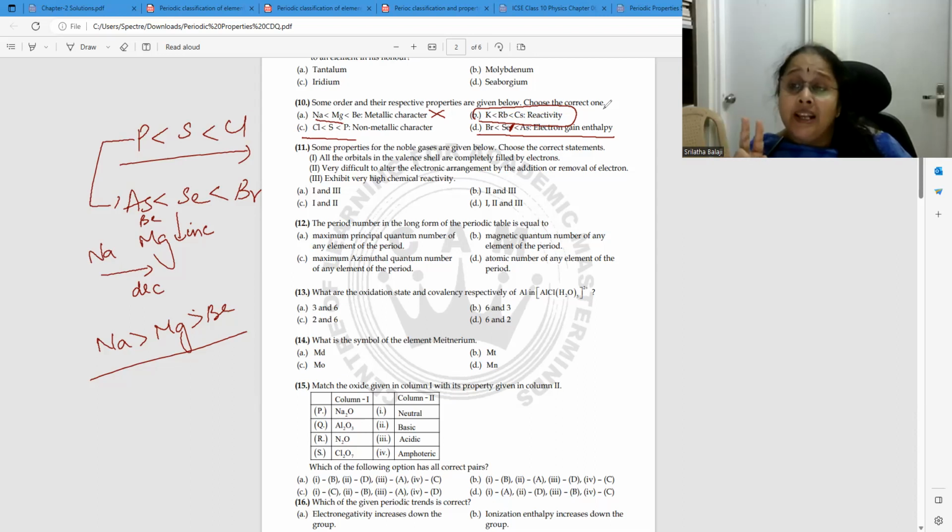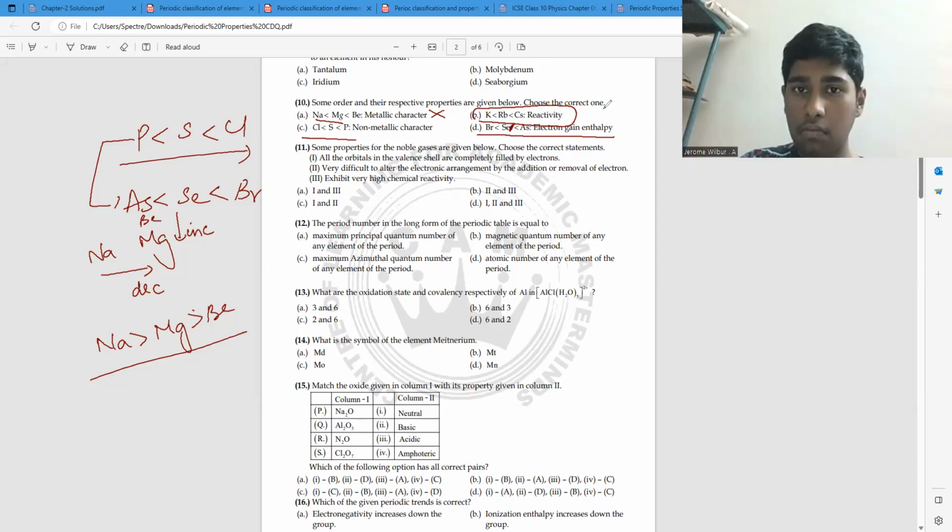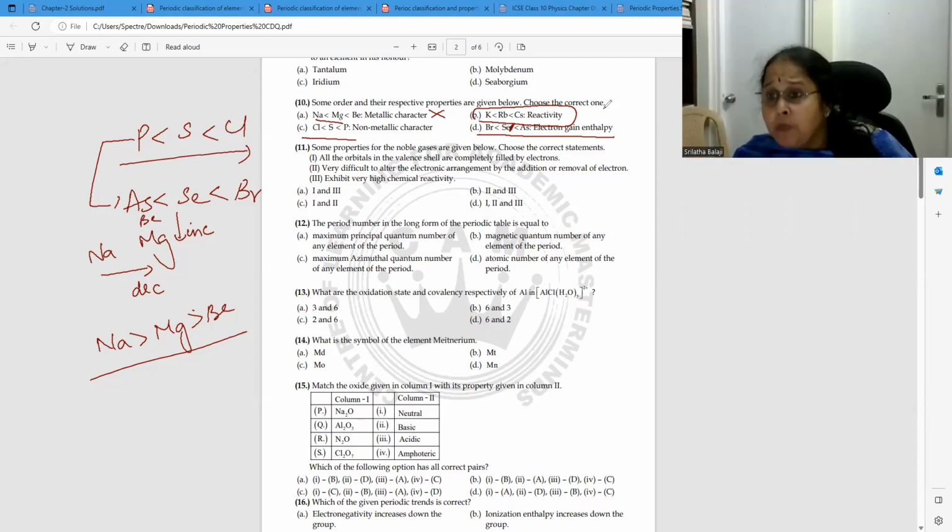For non-metals, electronegativity is increasing, and for metals, electropositivity is increasing, because metals will lose electrons. So, try to figure out now. Is this right? Yes, ma'am. Isn't it electropositivity is increasing down the group? So reactivity increases down the group. Got it?